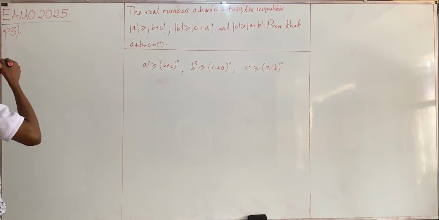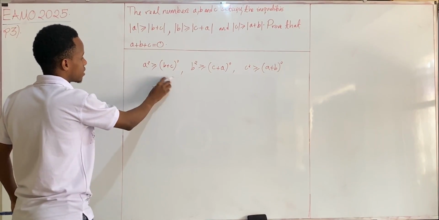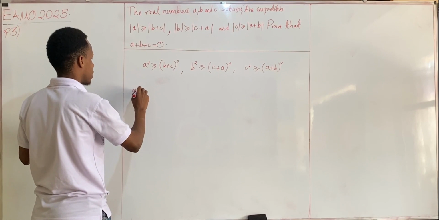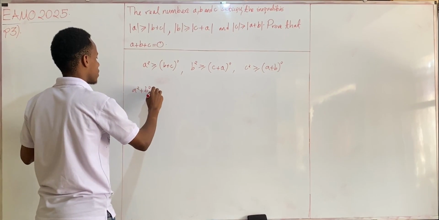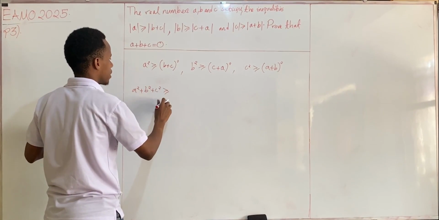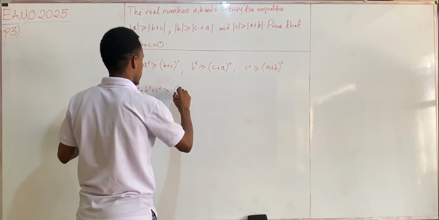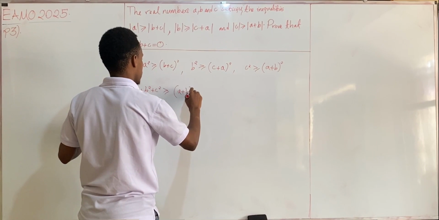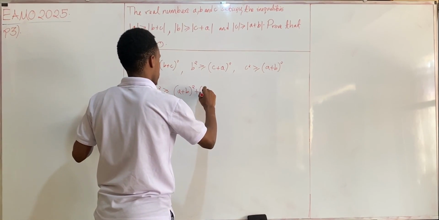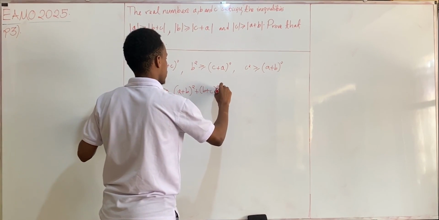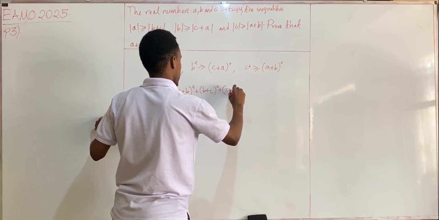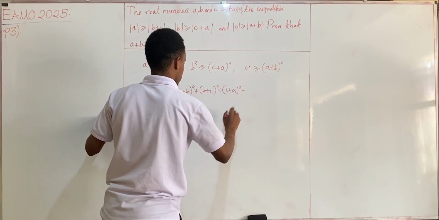And at this point, you can add up the inequalities to get that a squared plus b squared plus c squared has to be at least the sum of the right hand sides of the three inequalities, which is a plus b squared plus b plus c squared plus c plus a squared.